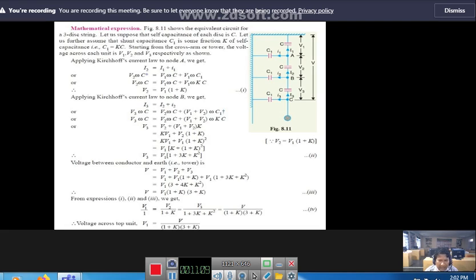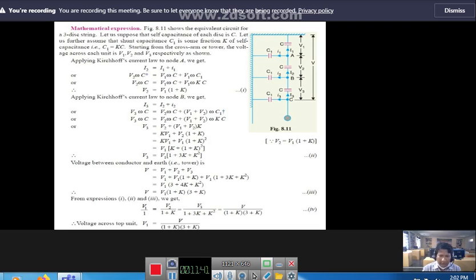From equations 1, 2, 3, we get V1, V2 by 1 plus K, V3 by 1 plus 3K plus K square, and V by 1 plus K into 3 plus K. That means we can get the relations in any form. V2 is V1 into 1 plus K, so V1 is V2 by 1 plus K. V3 is 1 plus 3K plus K square into V1, or V3 can be written in terms of V2.